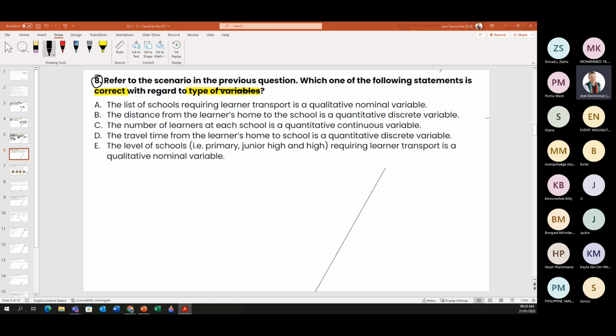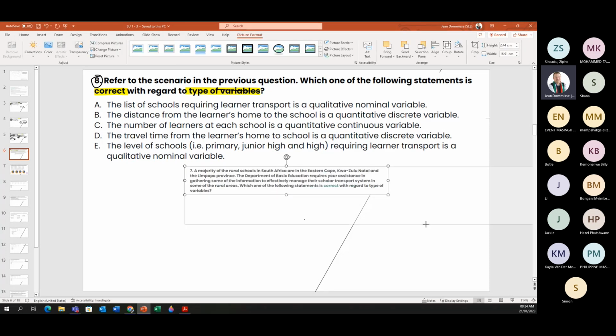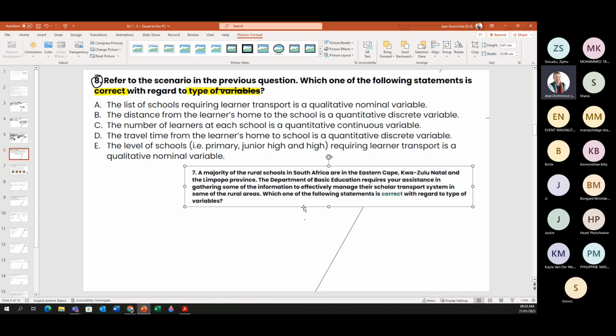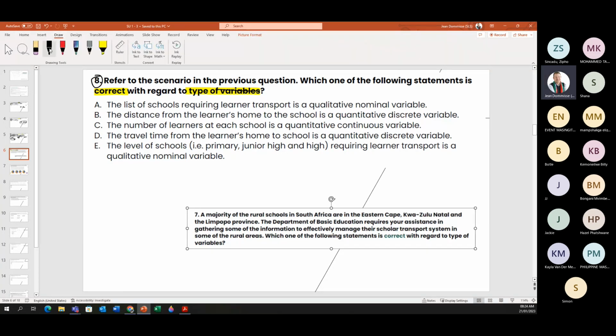So let me just do that. So we're not doing question 7, I just want to sketch this scenario. So we're not looking at that question, we're just looking at what the information is.